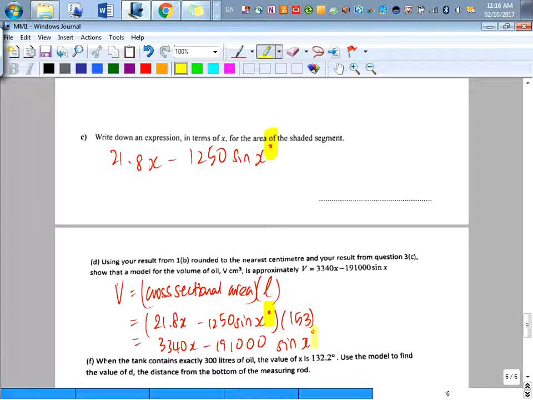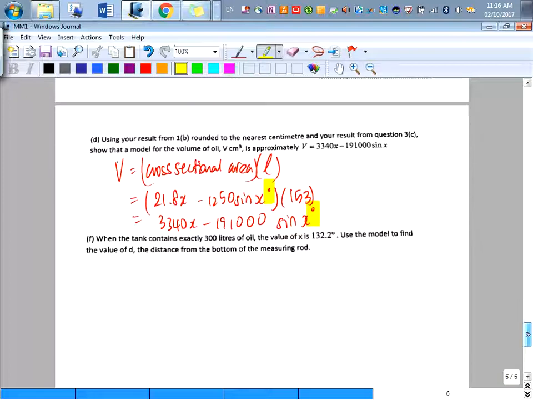Again, all the degrees are necessary. You do not have a choice. Yes. Okay, this one is rounded off.